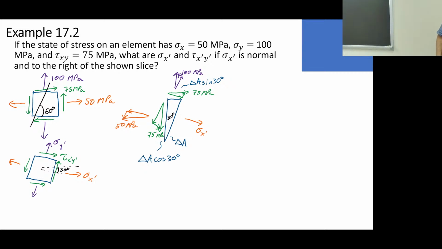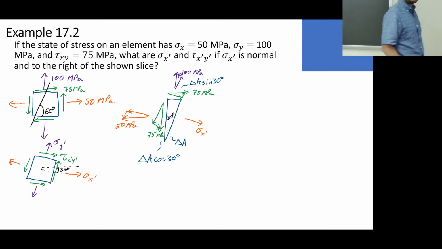Yes? All of the triangles that we're drawing were supposed to be right triangles, right? Or are they just supposed to be vector summations? They're supposed to be right triangles because, yes, x prime and y prime are in fact orthogonal to each other. Yes? Which arrow corresponds with 75 on both? Ah, yeah, the horizontal top one and the vertical one on the left, yes.